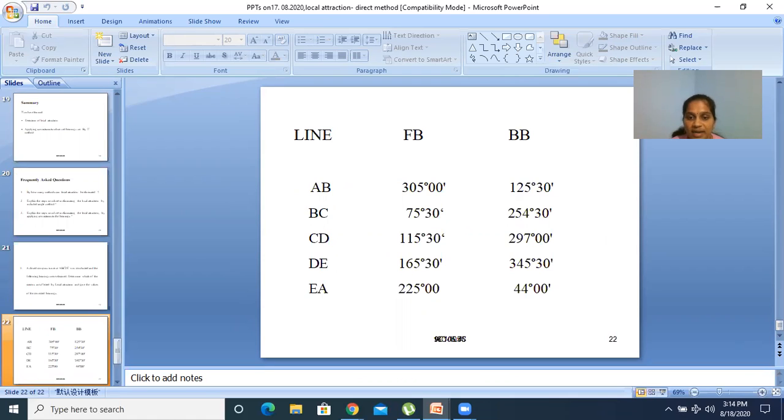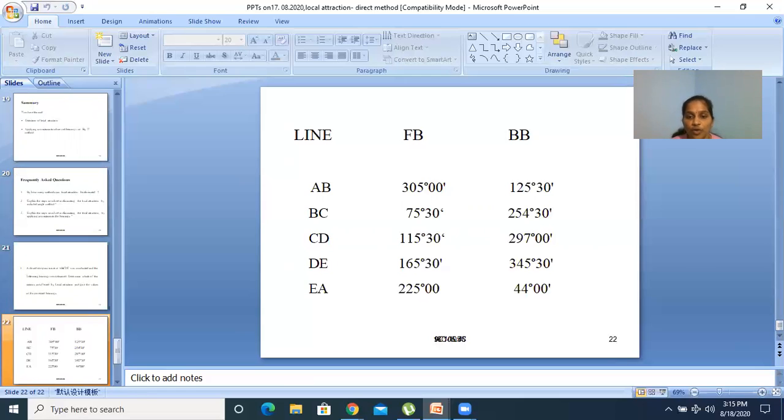And the fore bearings and back bearings are: 305 degrees 00 minutes, 125 degrees 30 minutes, 75 degrees 30 minutes, 254 degrees 30 minutes, 115 degrees 30 minutes, 297 degrees 00 minutes, 165 degrees 30 minutes, 345 degrees 30 minutes, 225 degrees 00 minutes, 44 degrees 00 minutes.